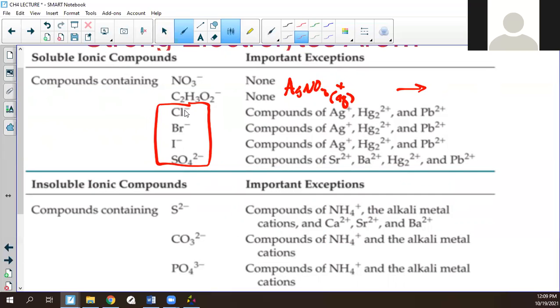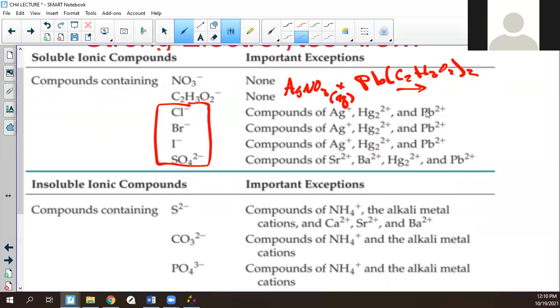Okay, so for just a second, pretend I put silver nitrate and lead acetate. If I put those two compounds together, does anything really react? When we say react, we mean do they stick together in the solution?